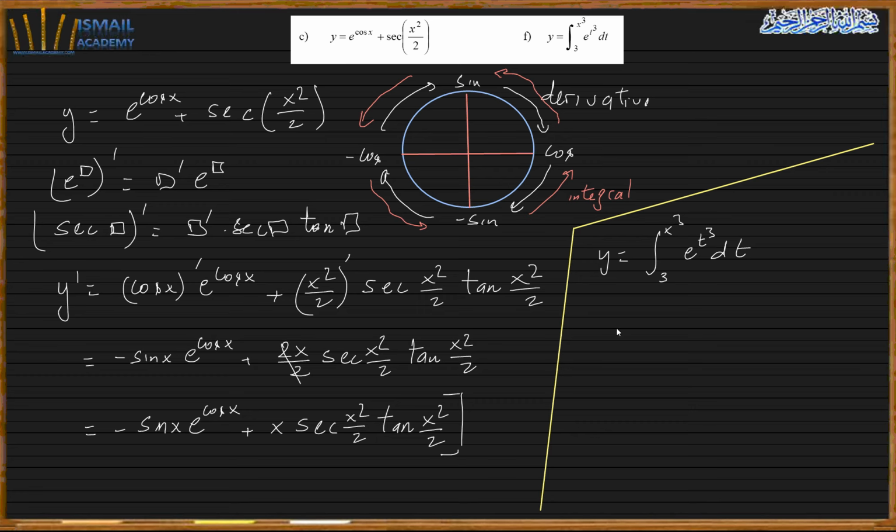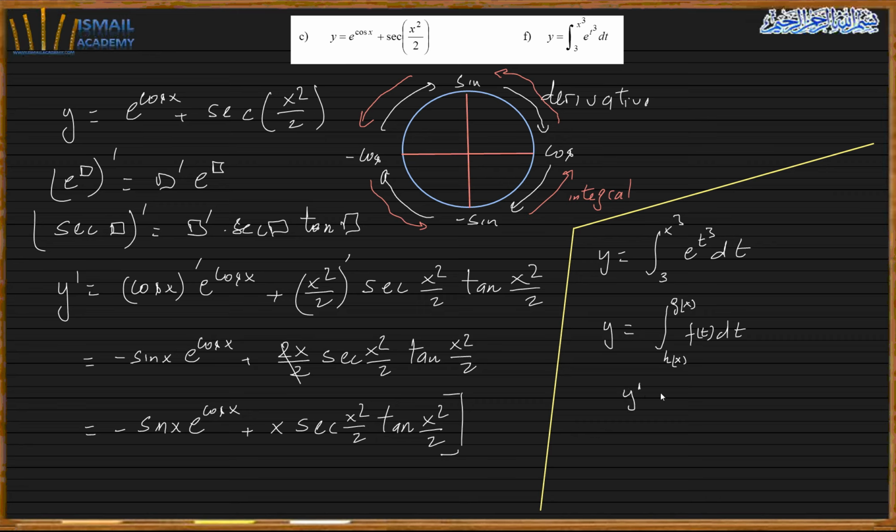In general, if I have y equal to the integral from h of x to g of x of f of t dt, and I want to take the derivative, this is how I deal with it.